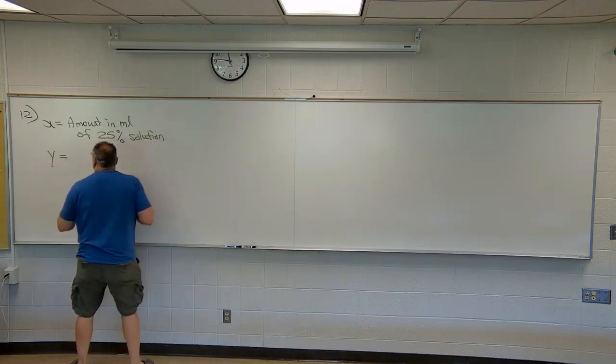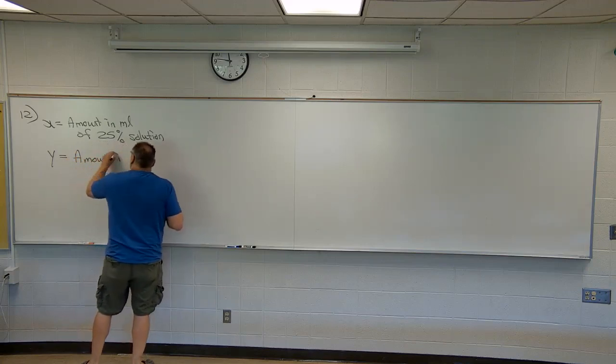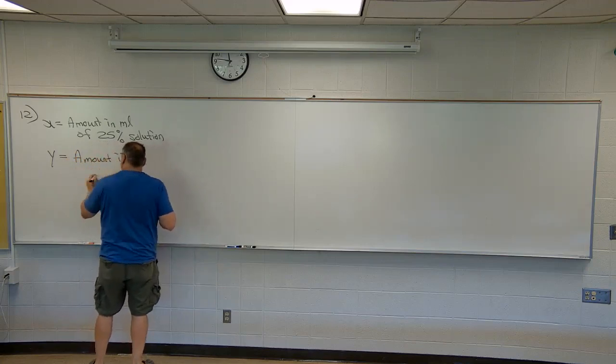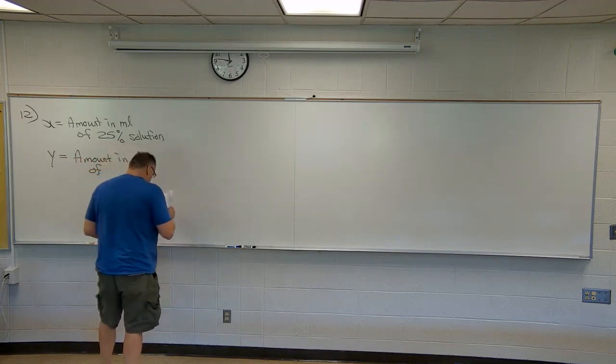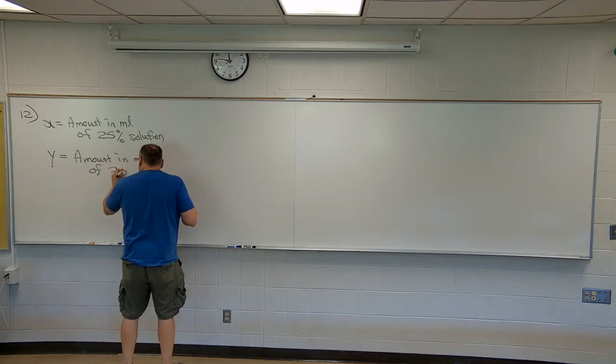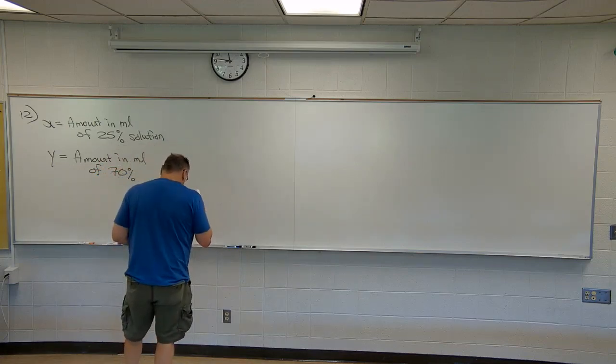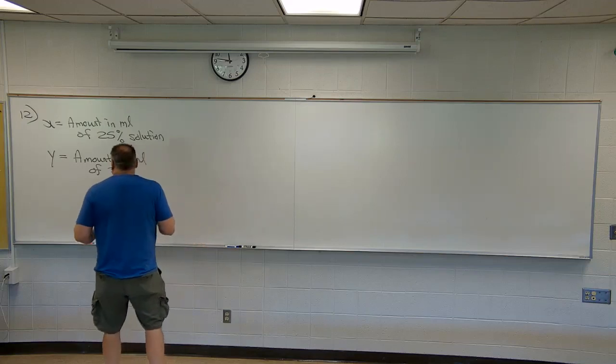Y equals the amount in milliliters of 70% solution. Sounds good to me.